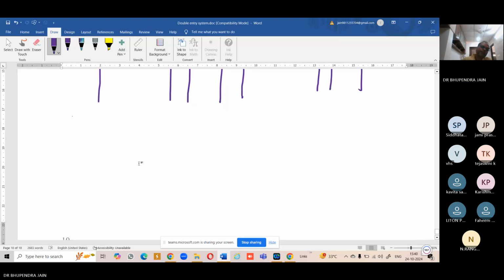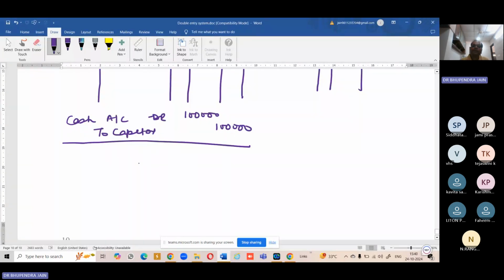For example, the first entry is cash account debit to capital, rupees 1 lakh. This is the first entry. What is the first entry?